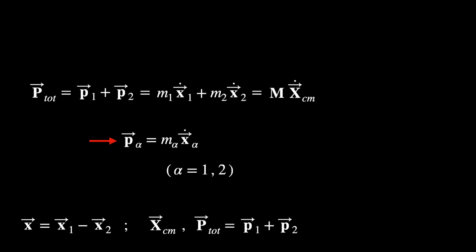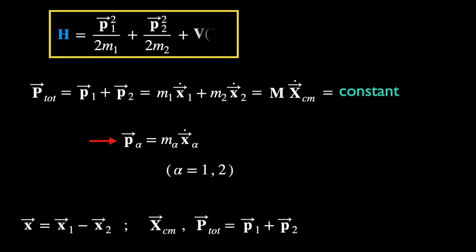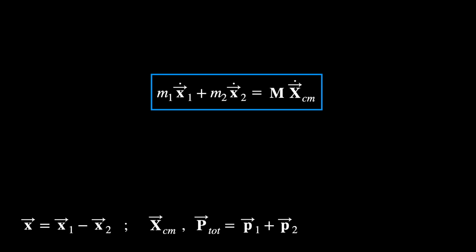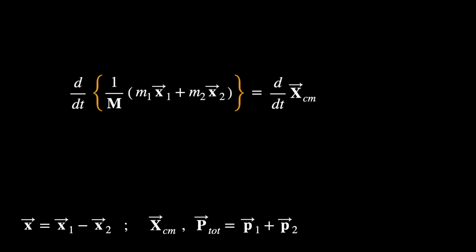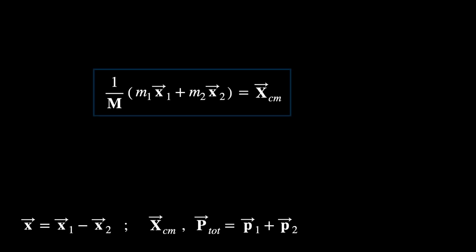This automatically implies the expected result of the center of mass velocity to be constant in time, since the total momentum is conserved due to the translational invariance of the Hamiltonian. Let's find xcm. This equation suggests that the expression within the yellow braces can be identified as the center of mass position.